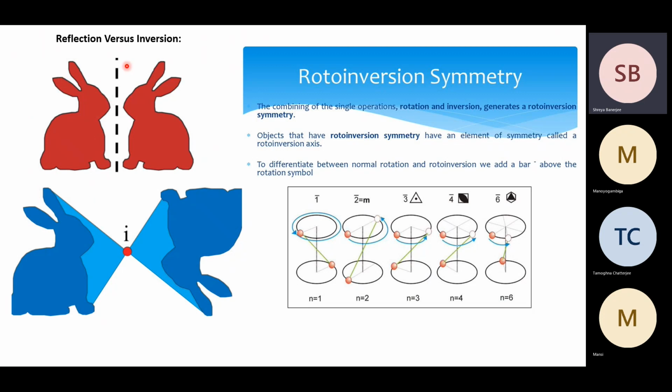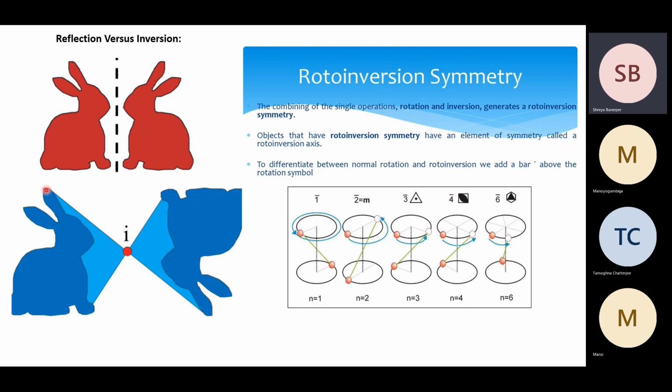I'm just showing that if you carry out a reflection symmetry operator on an object, your object basically is reflected along the dotted line. And if you carry out inversion symmetry operator on an object, basically each point of that object is equidistant to the same point on the opposite side of the object.